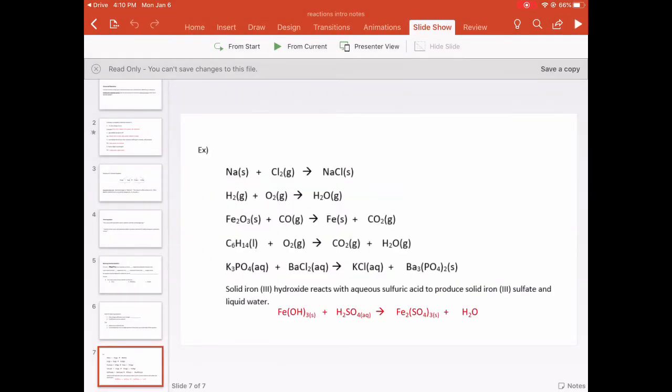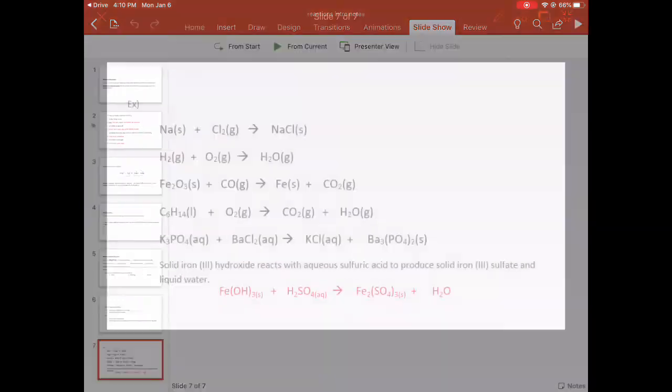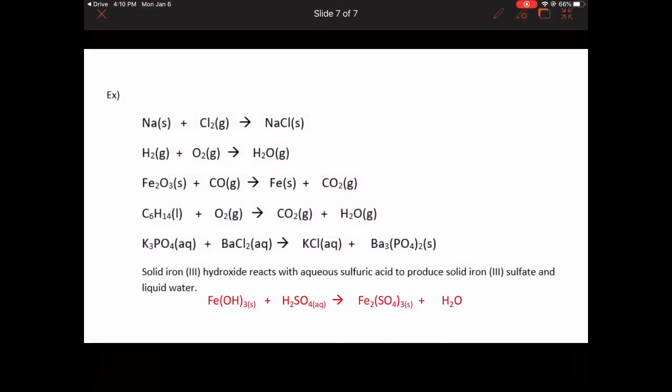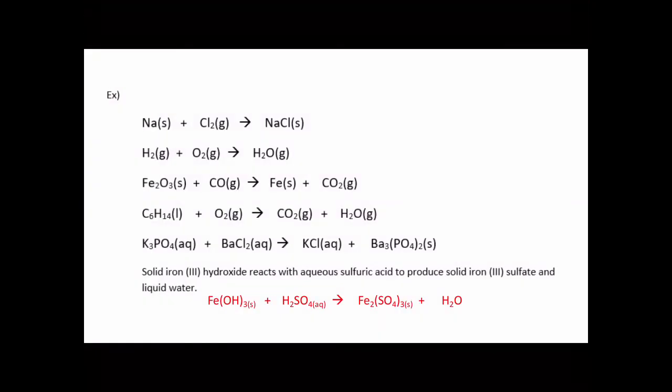All right, let's take a look at some examples here. So the first one, Na plus Cl2 yields NaCl. So what's not balanced right now would be the chlorines, because on the right we have 1, on the left we have 2. So again, we can't put a subscript 2 on the Cl in NaCl, because NaCl2 is not a compound.